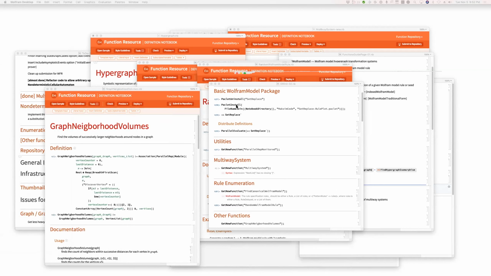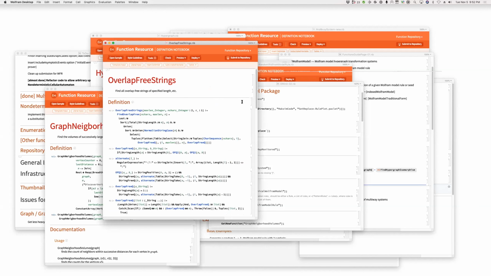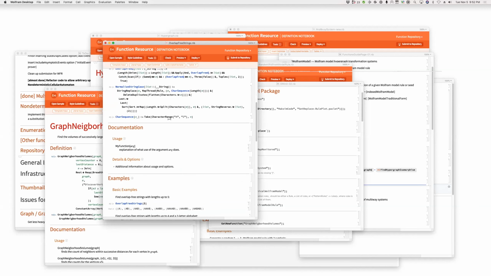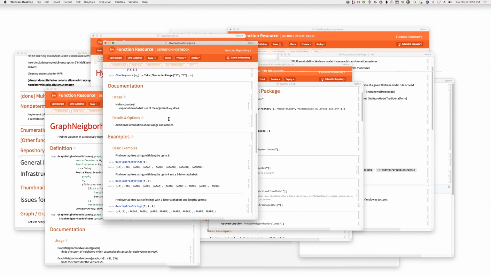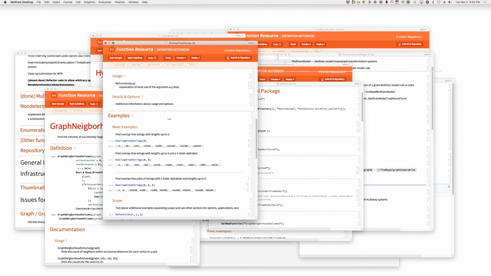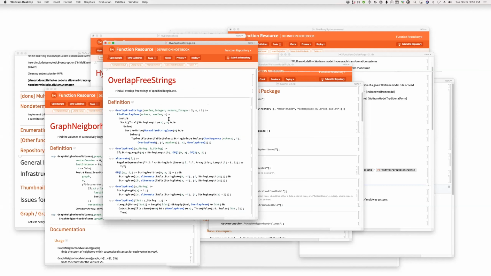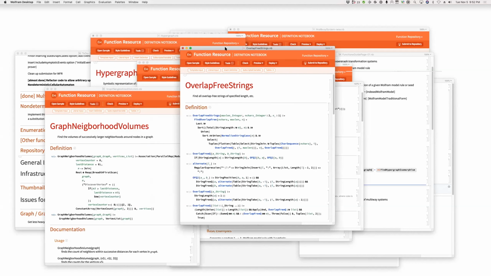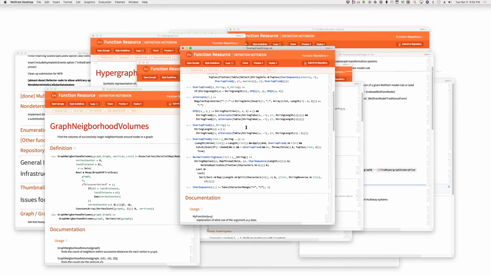So we've also got overlap-free strings and so on. I don't know whether we committed those. Oh, no, I was going to finish those things off, but I've been prioritizing other stuff. But I think you assigned those to me. Well, I think they're almost finished.